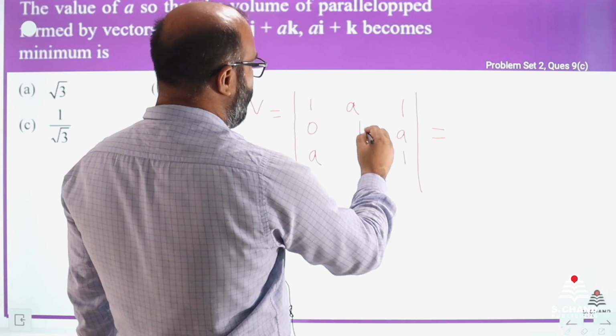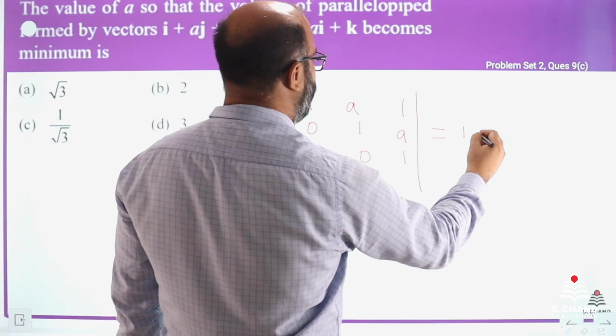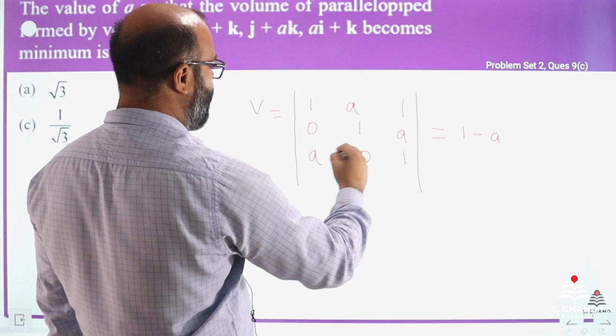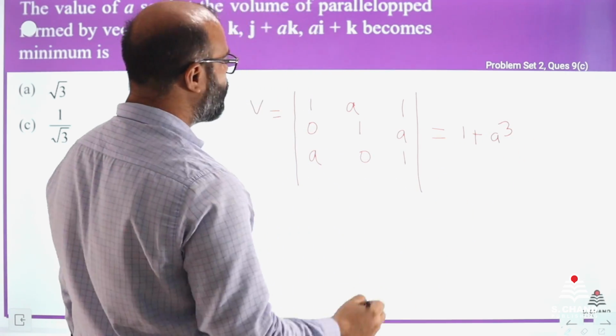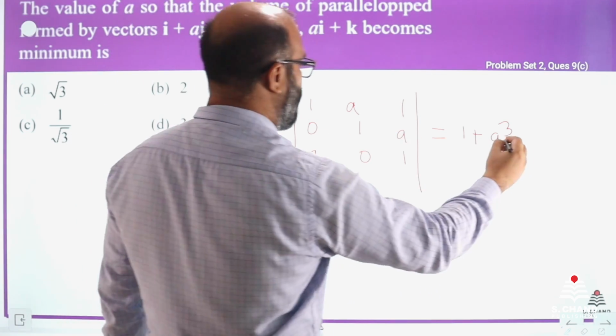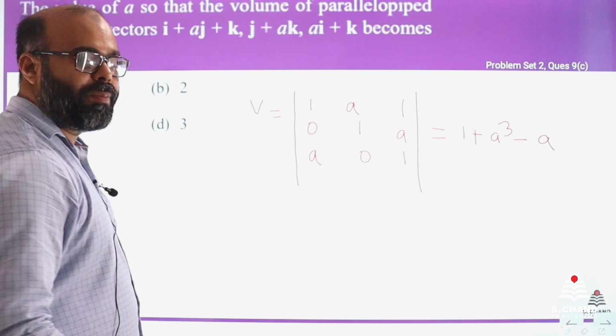So you take 1 here, this is 1 minus 0, then we have minus A, and then minus A again, so plus A cube, then 1 minus A, and this is the volume of the parallelepiped.